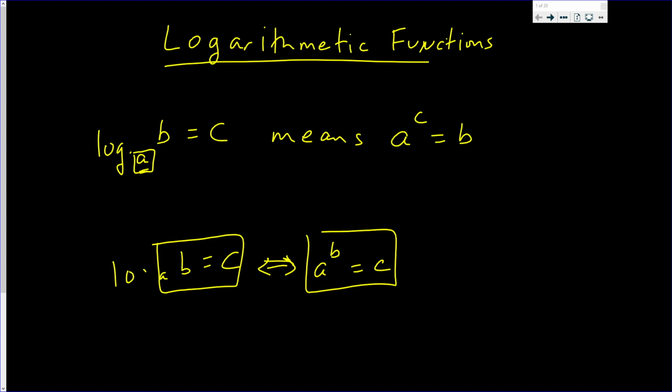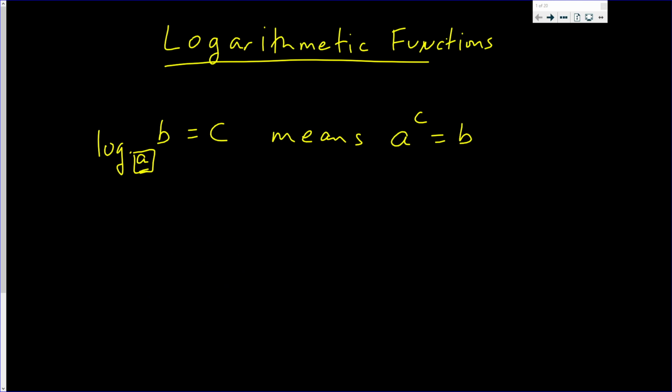Log base A of B equaling C makes no sense at all for it to mean this, because that means just ignore the log. Okay, so I'm hoping that that's a way for you to remember that it means this.